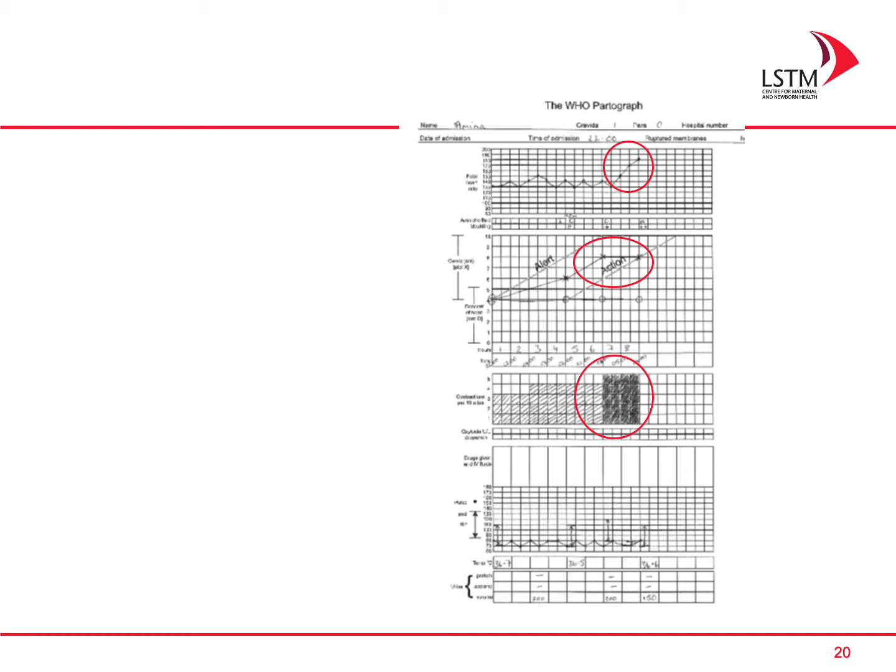If we look at the contraction pattern, we can see that the woman has been contracting 5 in 10, lasting greater than 40 seconds for 2 hours. Slow progress became no progress. The woman is now in obstructed labour. The fetal heart now shows a tachycardia.